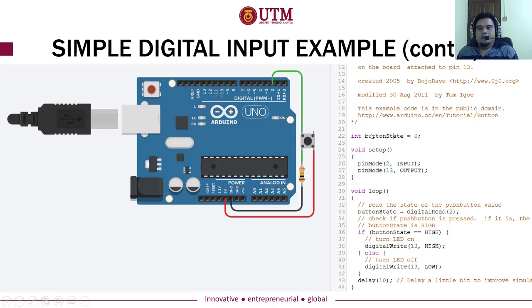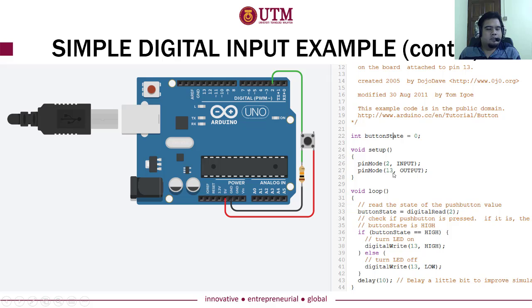Now if you see the code, in order to set this pin number 2 as input, you need to use the same function as before, pinMode. You just execute this one, pinMode pin number 2 as input.